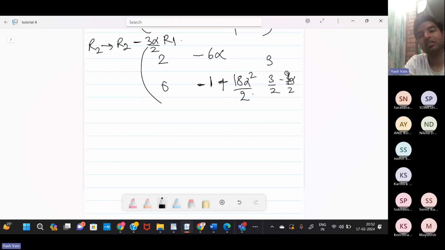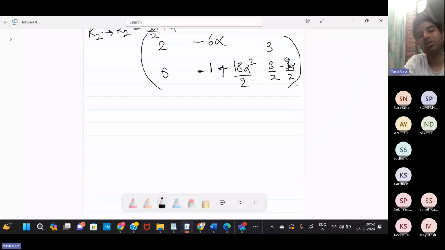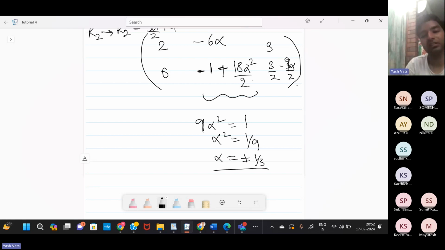Am I right? So this equation will have no solution if 9 alpha square is 1. Alpha square is 1 by 9, and alpha is plus minus 1 by 3.